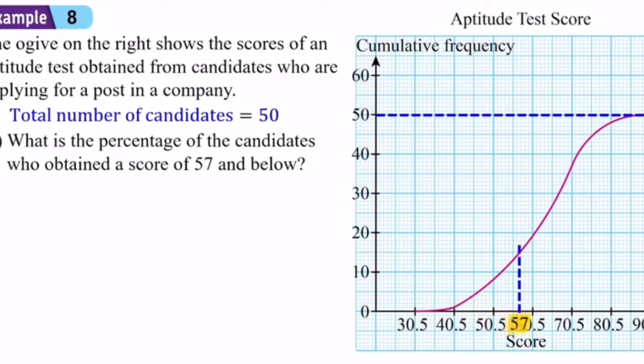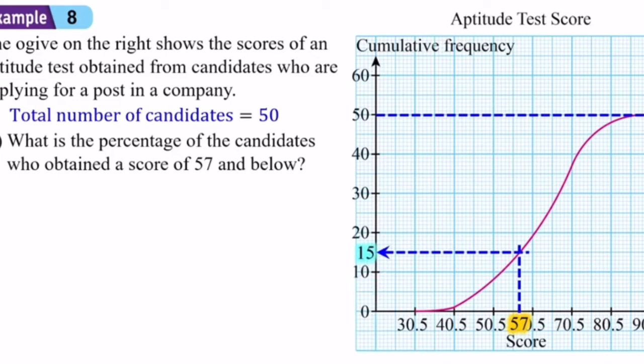See or not, the vertical line intersects the ogive at one point. From that point, you quickly draw a horizontal line so that you can read out the answer precisely. The cumulative frequency is, let's label it. Alright, we have to label before we can do the calculation.